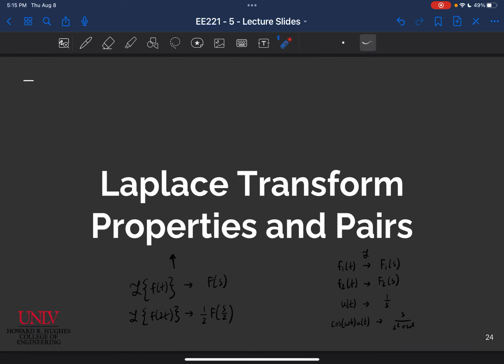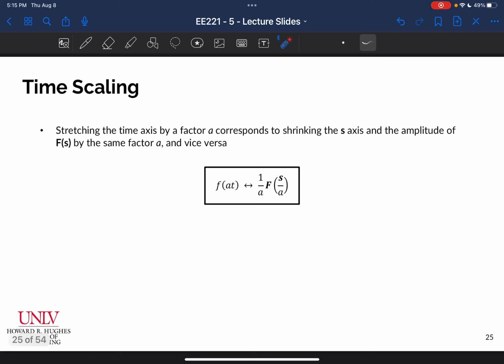And so let's go on to our first property here, the time scaling property, which I talked about. So we have the property here, and we have a description of the property here. It says if we stretch the time axis by a factor a, right? So we're taking our time axis, t, and multiplying it by a. This corresponds to shrinking the s-axis by a, and the amplitude of F of s by a as well.